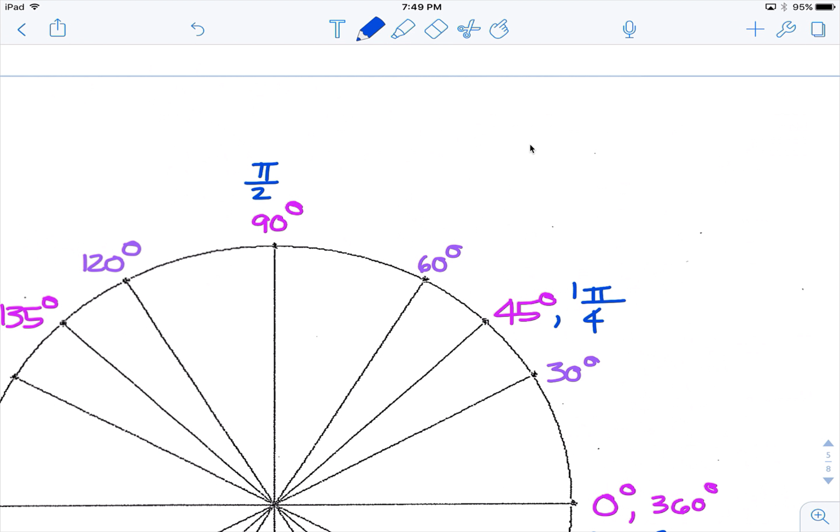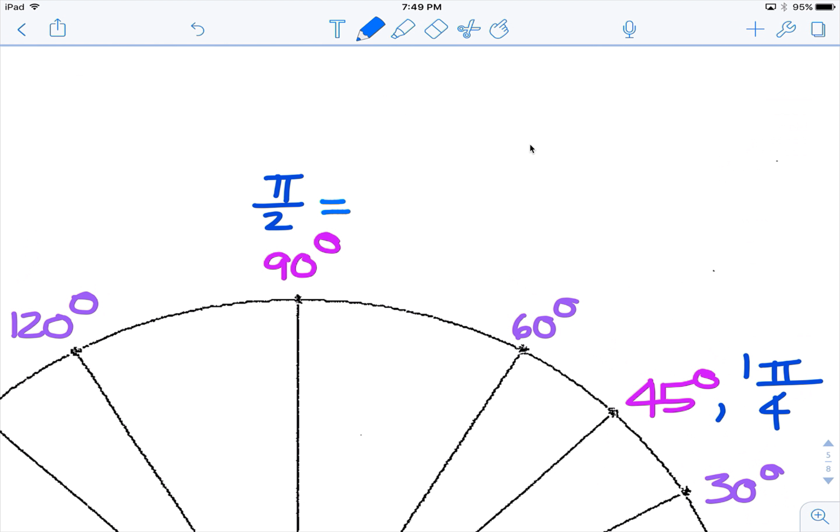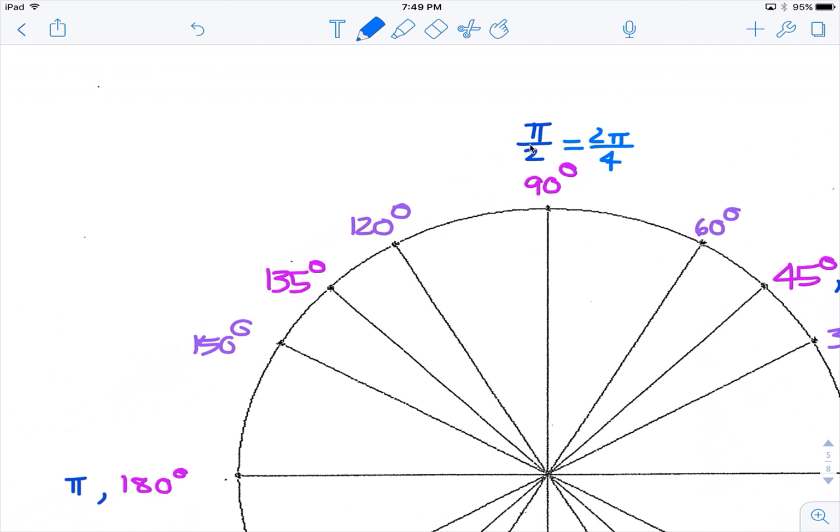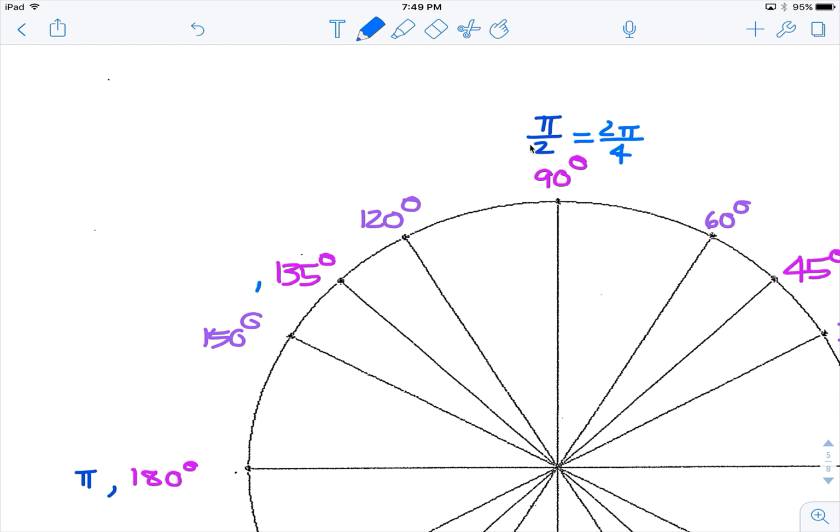If that's 1 pi over 4, then pi over 2 is the same as 2 pi over 4. But we don't call it that, we just reduce it and call it pi over 2. 135 degrees would be 3 pi over 4.